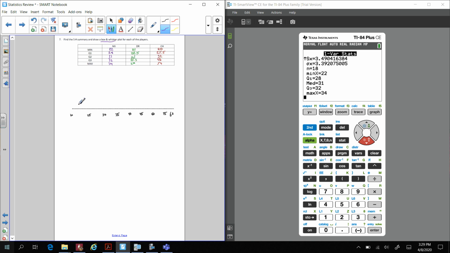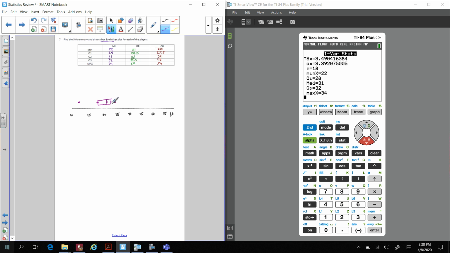His minimum, 22. I put all those points on here. Q1, lower quartile, would be 28. Median is 31. Q3 is 32. It's the upper quartile. And his maximum is 34. So median, Q1, Q3, that makes up my box.